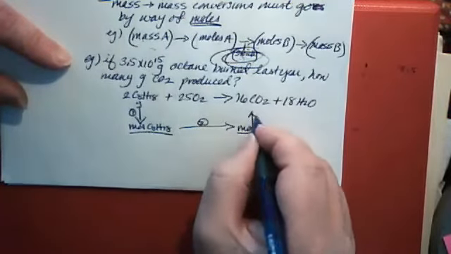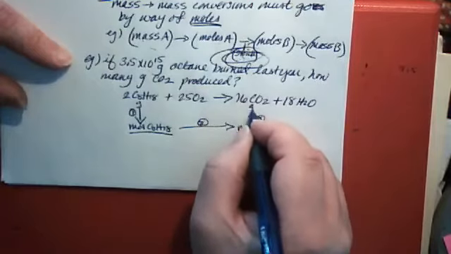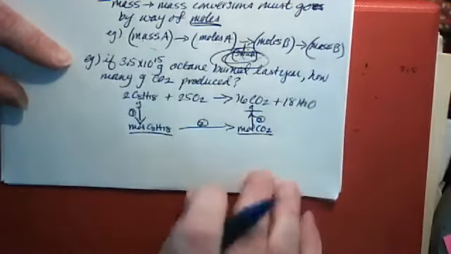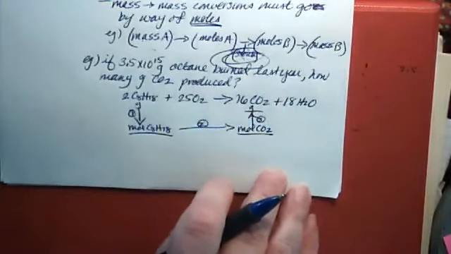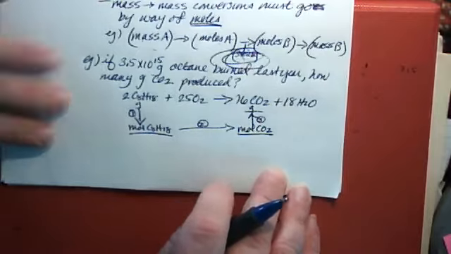Then in step 3, we can change that to grams of CO2. Unfortunately, there's no way to go directly from grams of one thing to grams of another. You always have to change it to moles first. Okay, I'm going to go to a new page, but I'll keep this up here so we can see what we're doing.